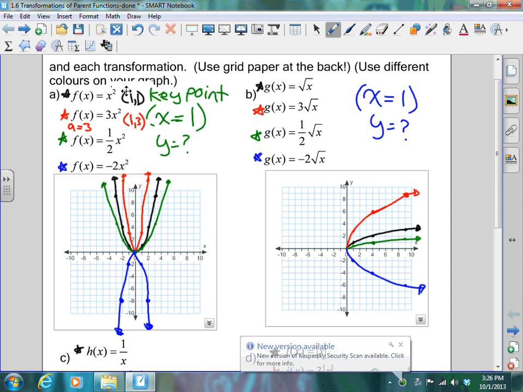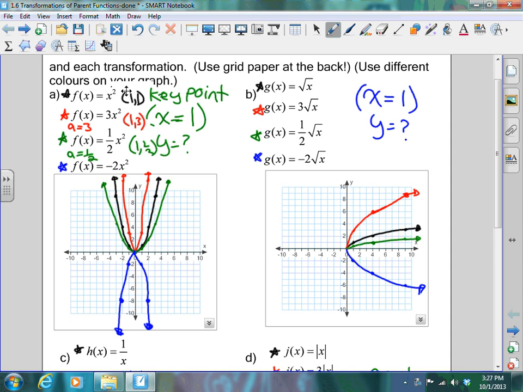Likewise, when we look at the green expression, when x equals 1, y equals 1/2. So what does that tell us? Instead of being stretched vertically, it's been compressed. So a in this case equals 1/2, because it's half the way between 0 and 1 on the y. And lastly, let's take a look at the blue one.